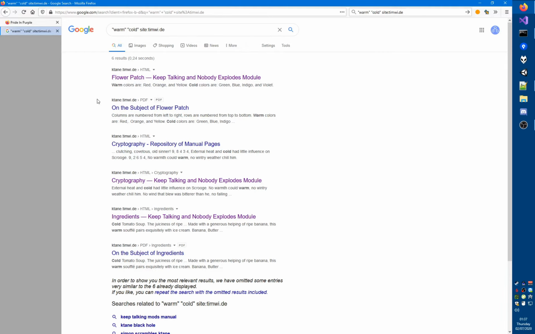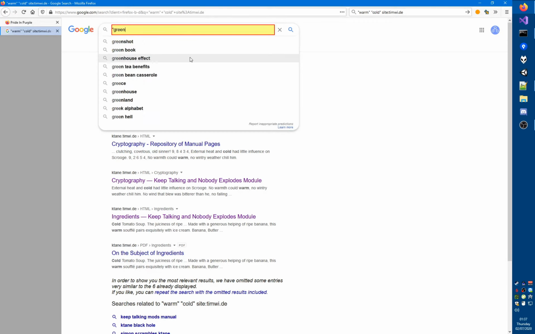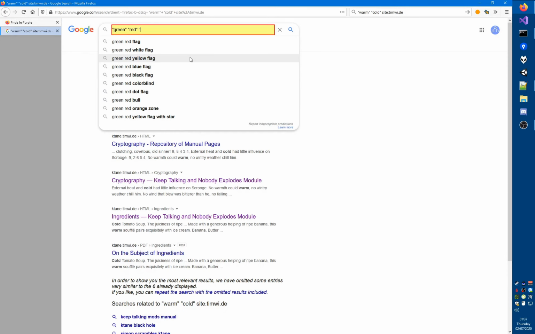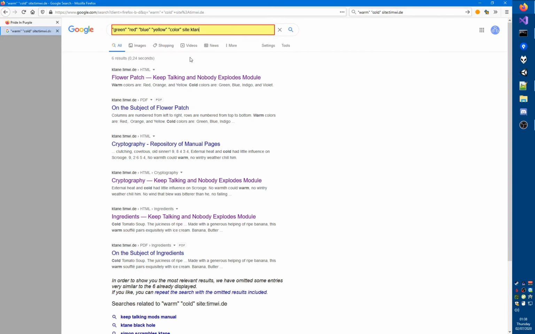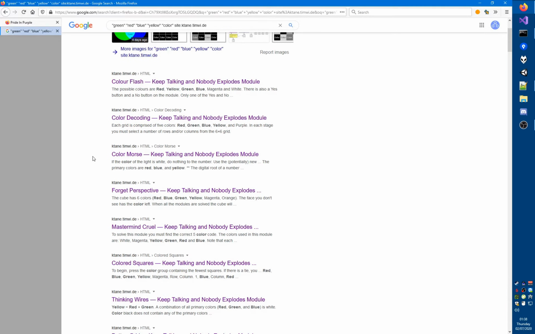What other module uses warm and cold colors? Let's see, green, red, blue. Okay, so obviously if I just search for these, tons and tons of KTANE modules are going to have those words in them. Tons and tons of them, as I said.